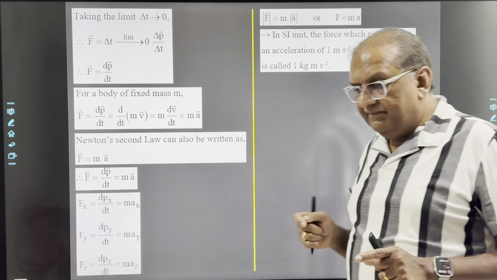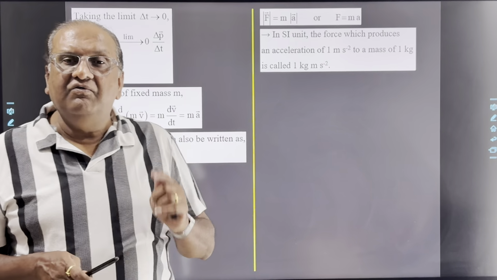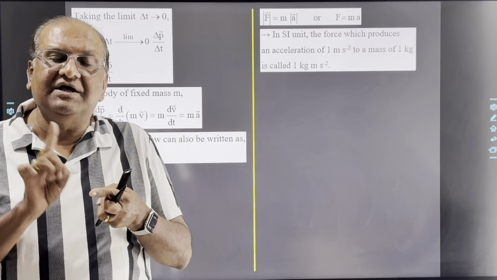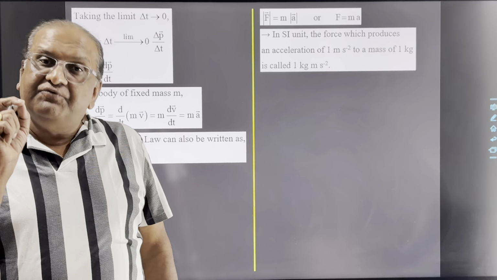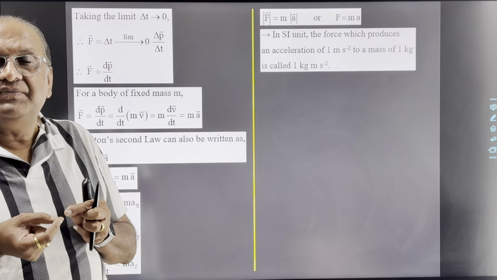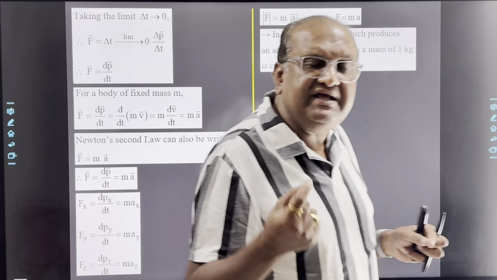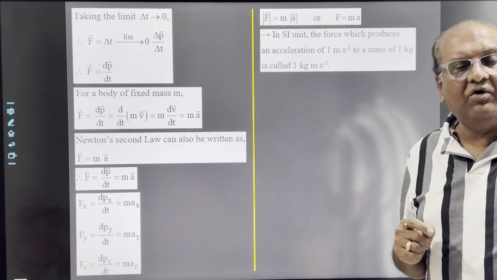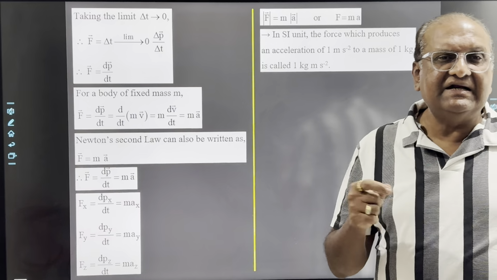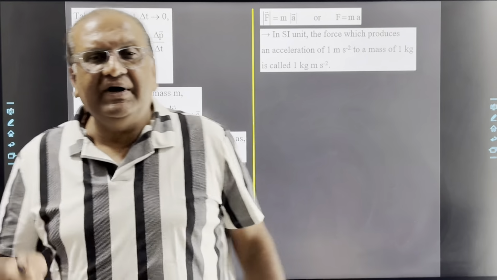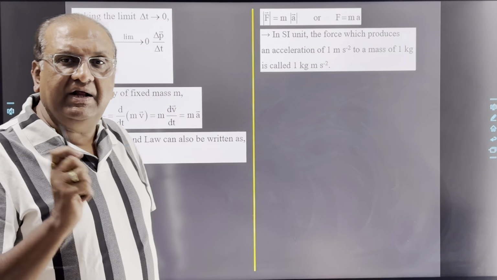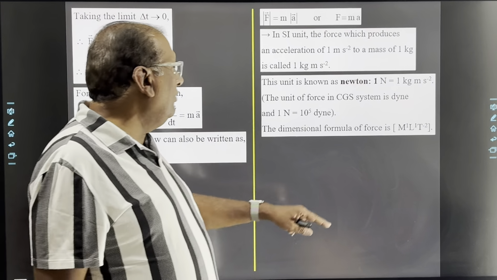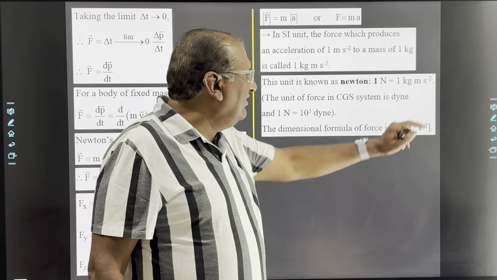And here we can give the definition of 1 Newton force: the force which produces 1 meter per second square acceleration in an object having mass equal to 1 kilogram is called 1 kilogram meter per second square force, or we can say that particular force is called 1 Newton force.